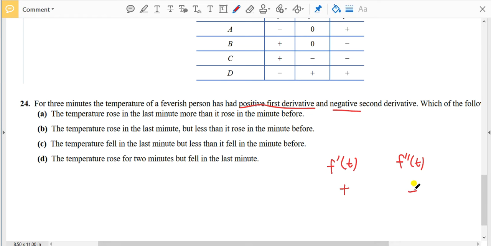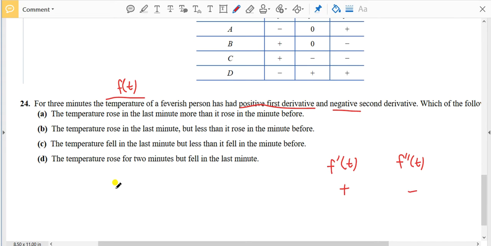It's telling you the slope of the function, the temperature, right? The function temperature here is f of t. So if f prime of t, the first derivative, is positive, it's telling you that the function f of t is increasing, or the temperature is rising.